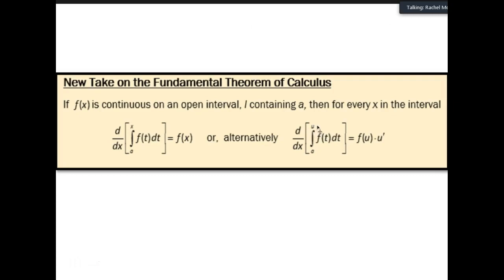So u represents a function, so it's f of u times u prime. So if u is something other than x, so if we take the derivative of the integral to x squared, then you have to apply f of u times u prime. If it's x, it's always f of x. If it's something other than x, you have to apply this part.